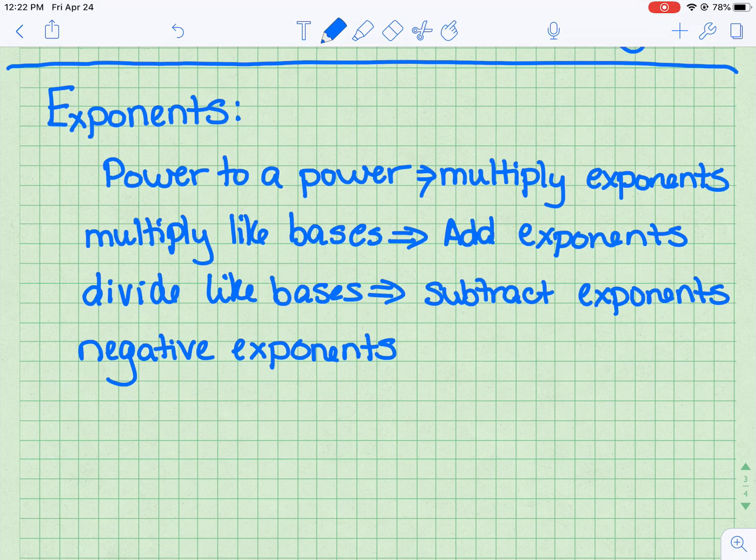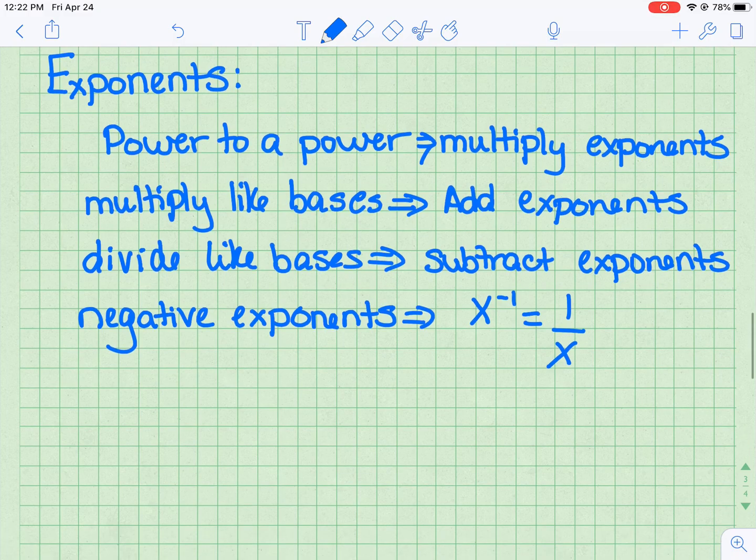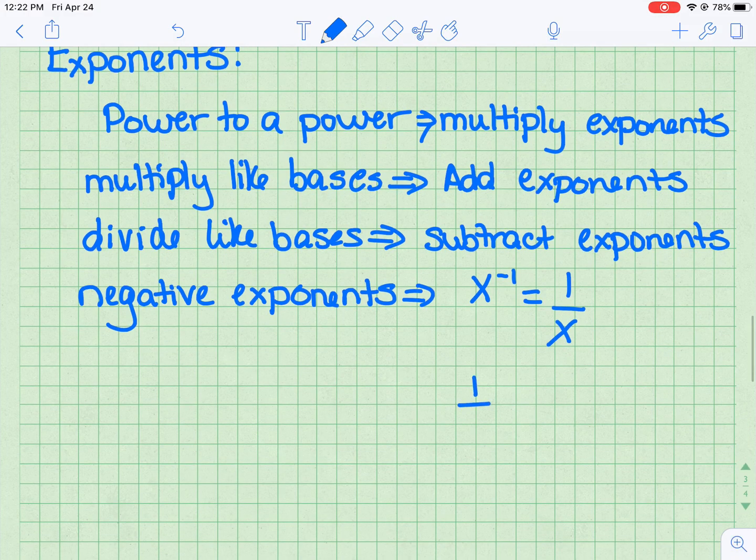Thank you. Negative exponents, I never know how to say in words. Basically, x to the negative 1 equals 1 over x. And 1 over x to the negative 1 equals x. So we flip. That's the best way I can explain it without tons of words that get confusing.